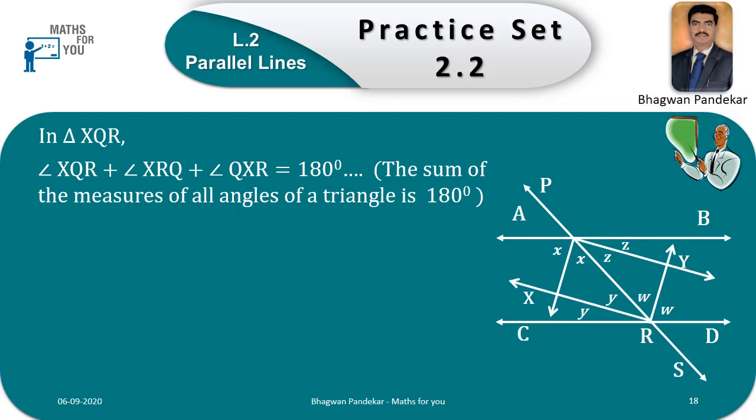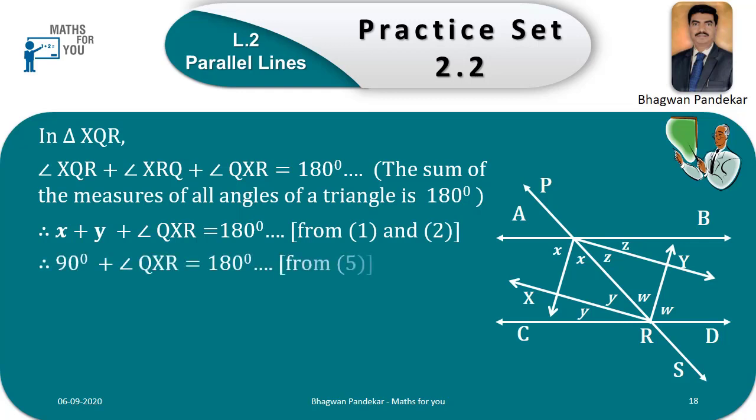The reason is the sum of the measures of all angles of a triangle is 180 degrees. By using this property, we can write x plus y plus angle QXR is equal to 180 degrees from equations first and second. Therefore, 90 degrees plus angle QXR is equal to 180 degrees from equation 5.